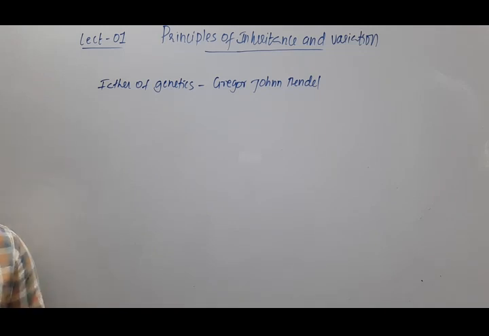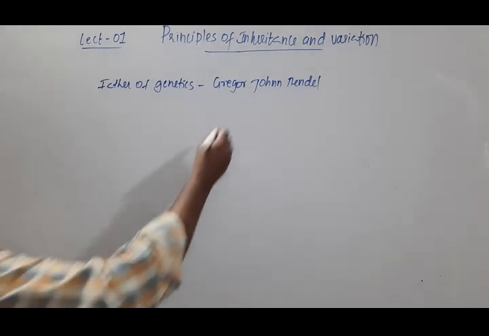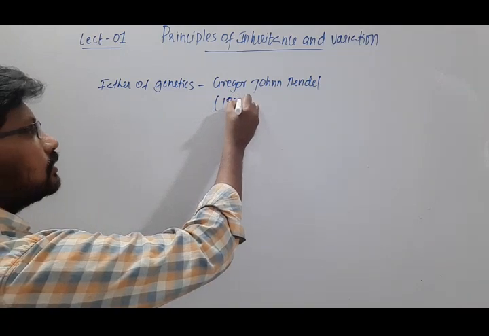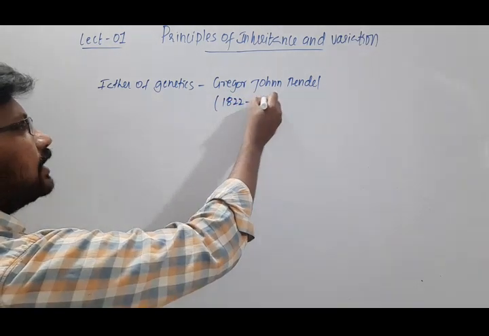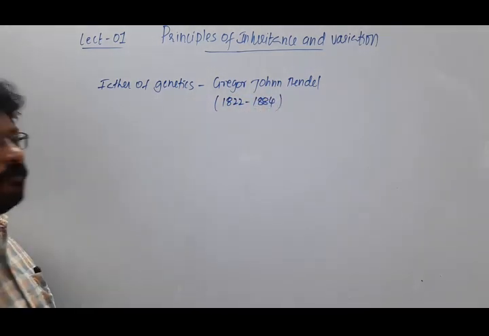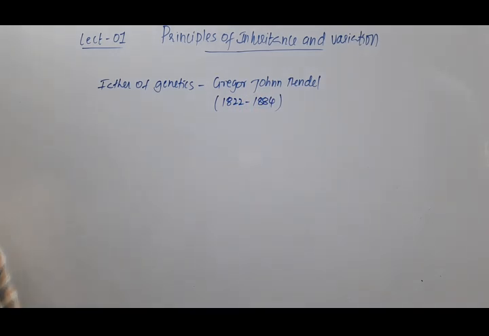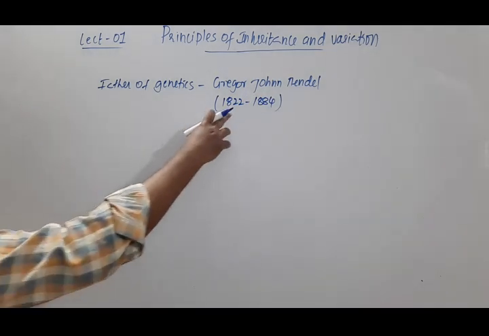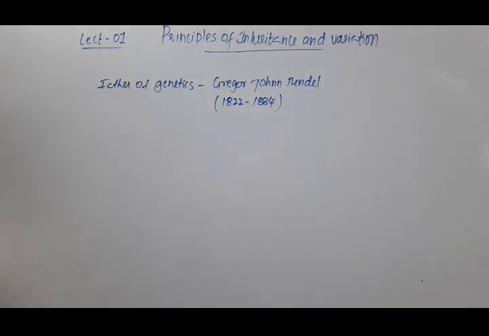Gregor John Mendel lived from 1822 to 1884. So he was born in 1822 and died in 1884. I'll just mention a few brief points on Gregor John Mendel.